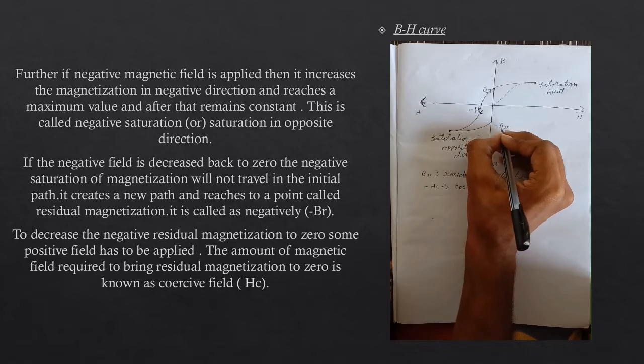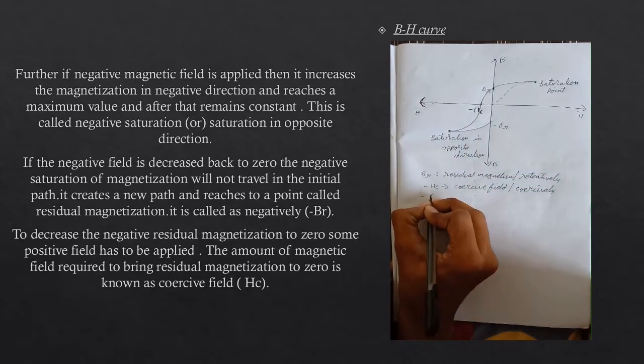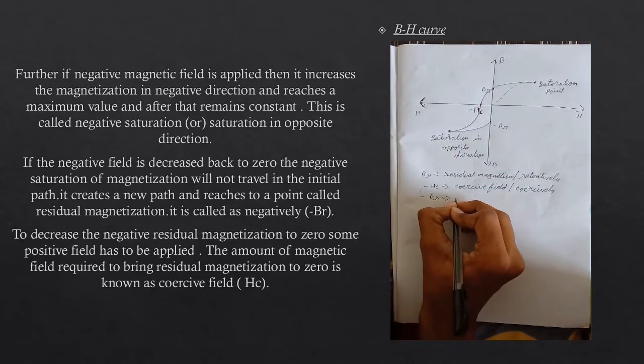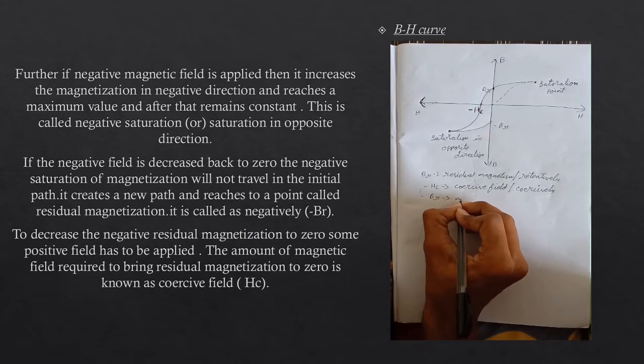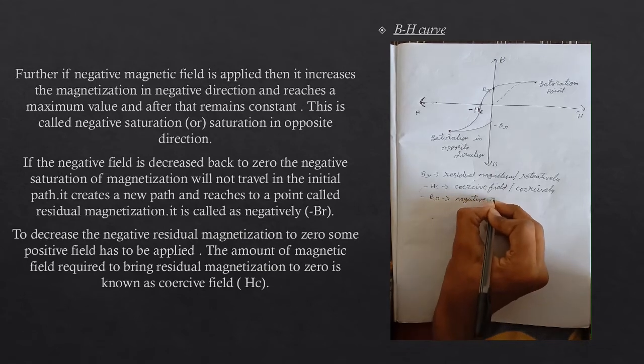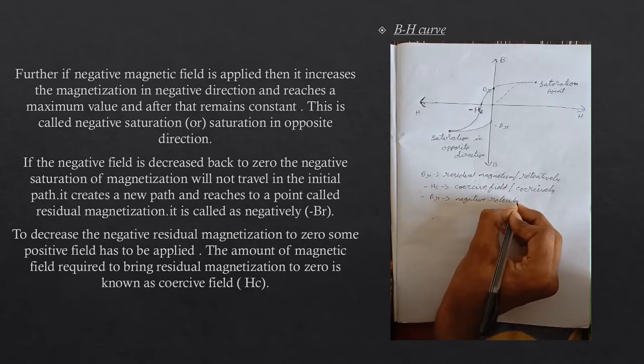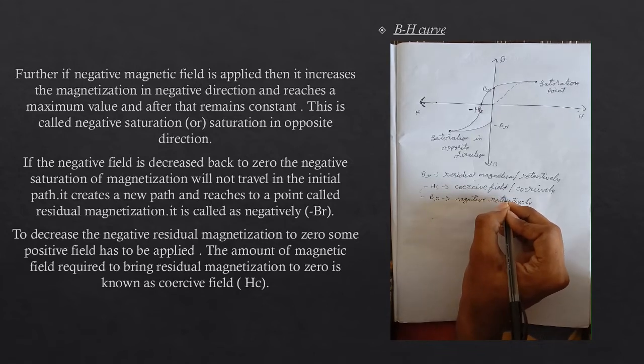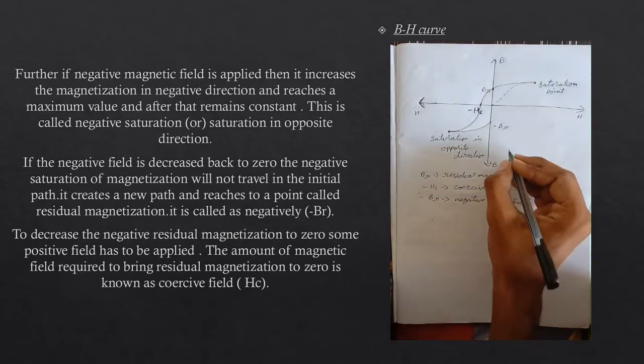Minus Br is called negative retentivity or negative residual magnetism.